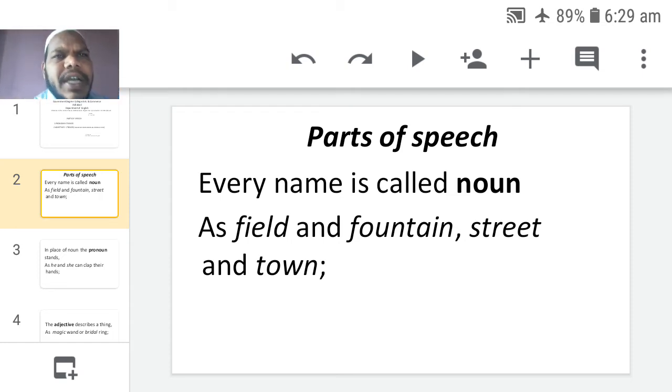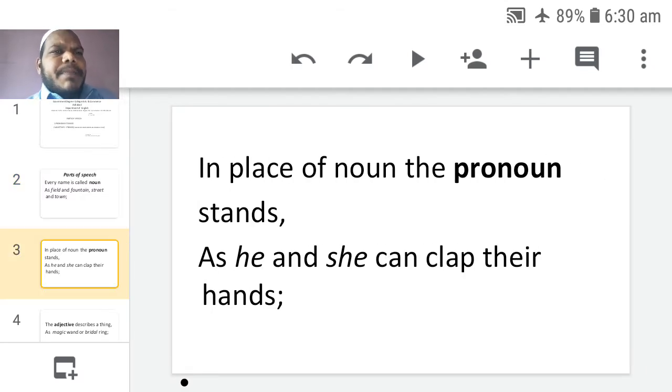We can see that every name is called noun, naming word, as field and fountain, street and town. In place of noun, the pronoun stands as he and she can clap their hands.